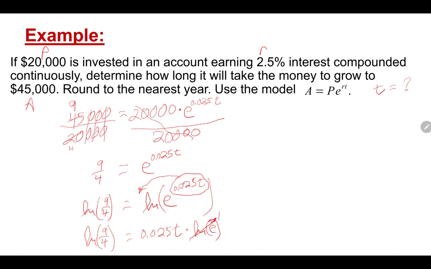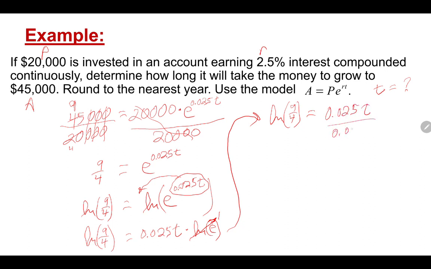Well, e to the power of 1, so that becomes 1. Well, now this then simplifies to be ln of 9/4 equal to 0.025 t. If I want t by itself, that's what I'm looking for.